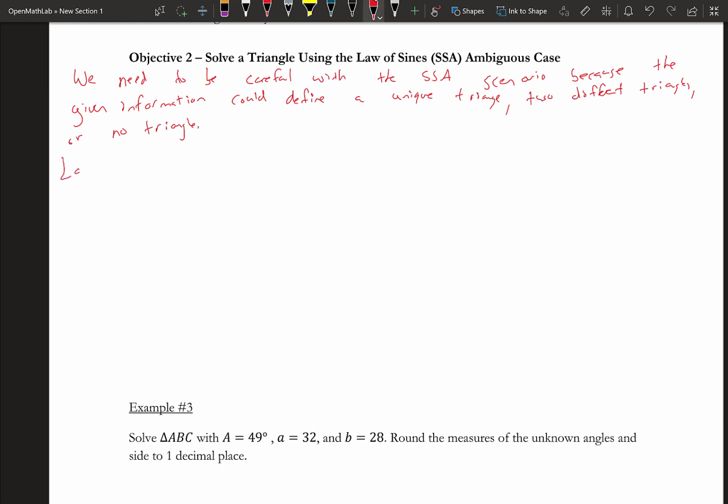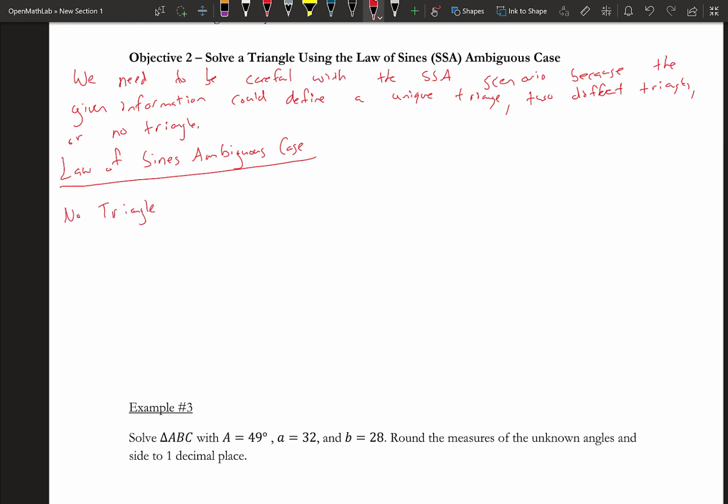So the law of sines ambiguous case. The first one is we could have a situation where there's actually no triangle.